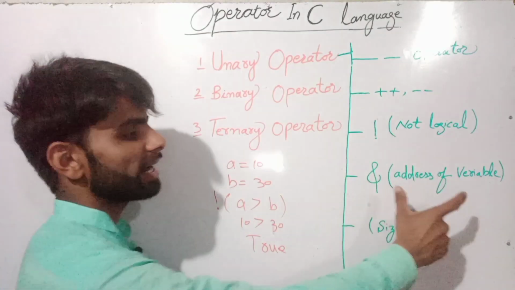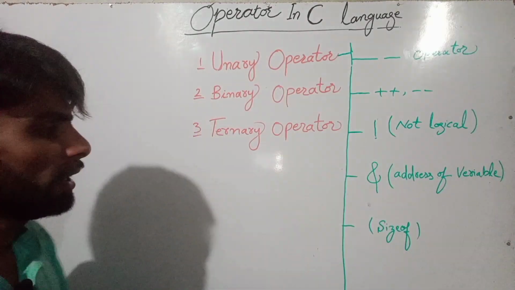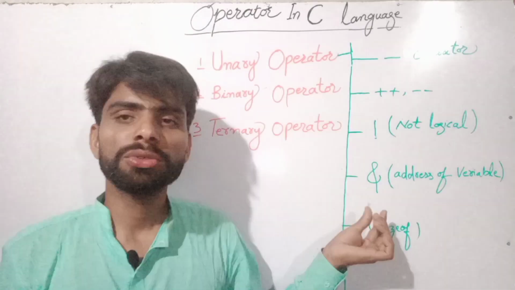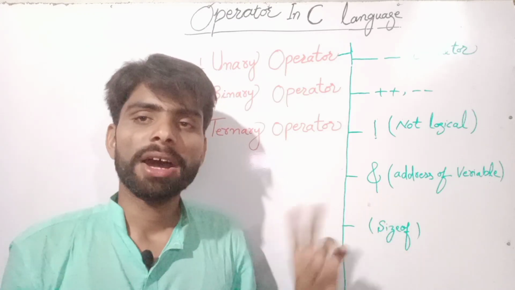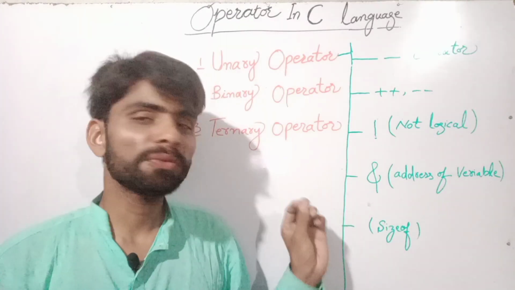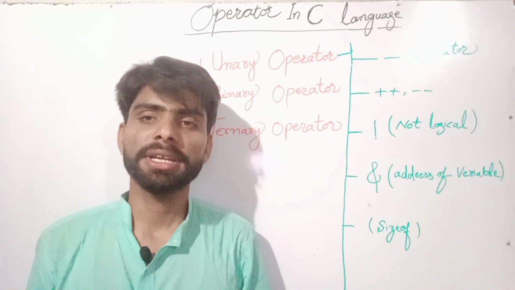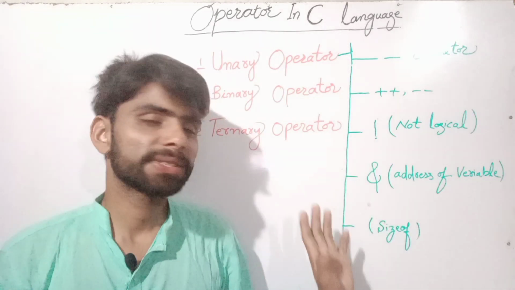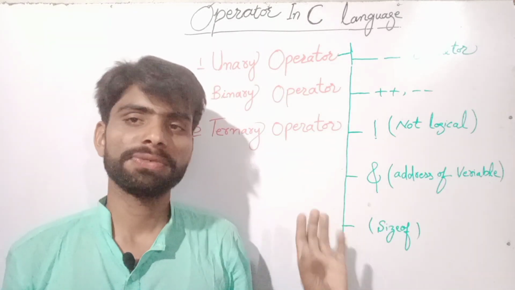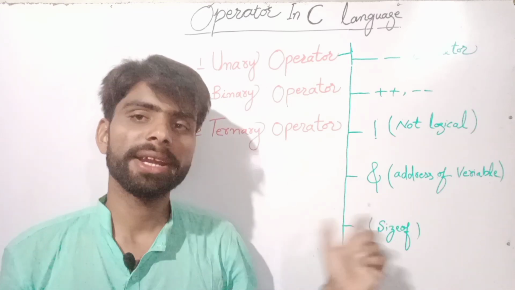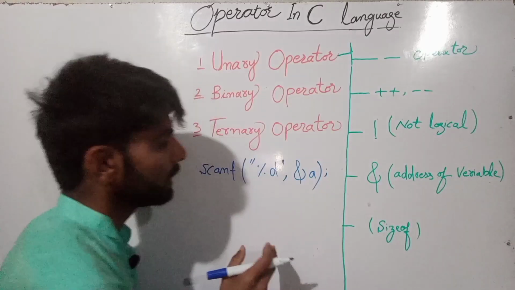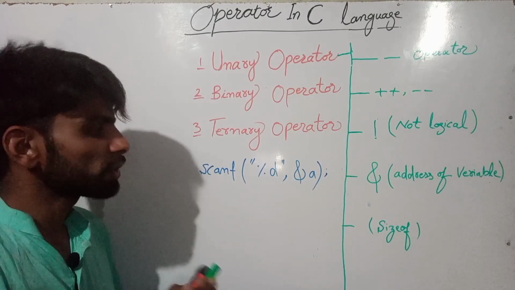Next we understand the address of variable. The address operator & is used in the C language for two purposes. First is the scanf function, and next is pointer variables, right? In the next videos I will explain what pointer variables are.